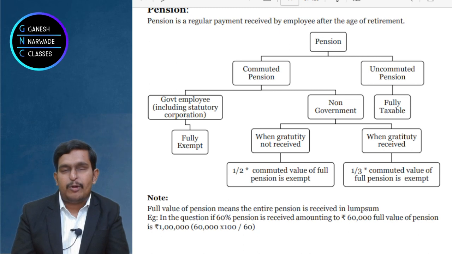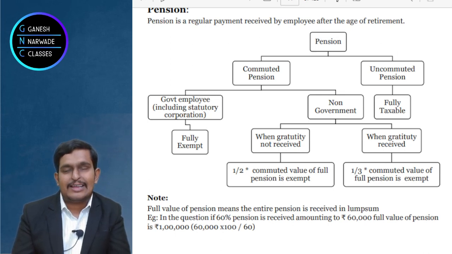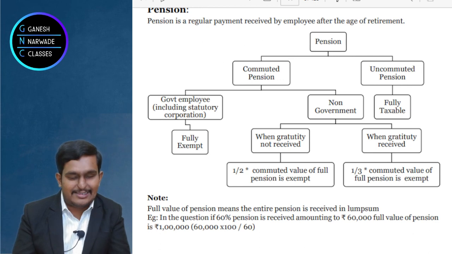Okay, suppose you are receiving gratuity, then 4 lakhs into 1 by 3, how much will it come to? Very difficult thing. 4 lakhs into 1 by 3, so we'll divide it by 3, and whatever comes, it will come to around 1,33,333.33.